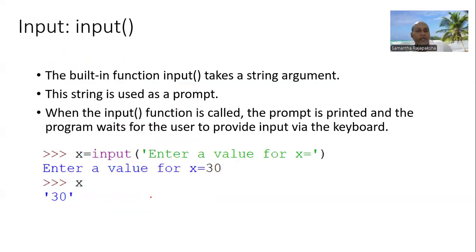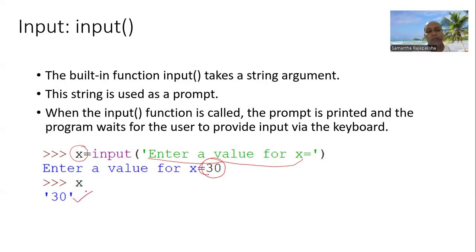In addition to that, we have another function called the input function. The input function is used to read data from the keyboard. This is a built-in function in Python. When you write input, this message will be displayed: enter the value for x. Once you enter the value for x, it will be saved in the variable x, and x will be equal to 30.